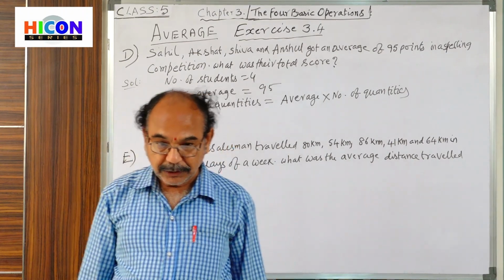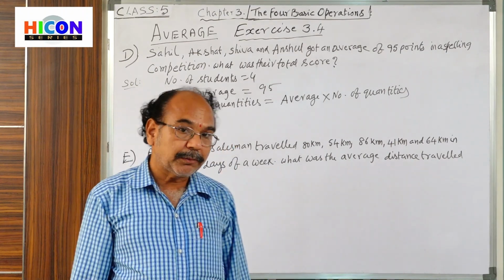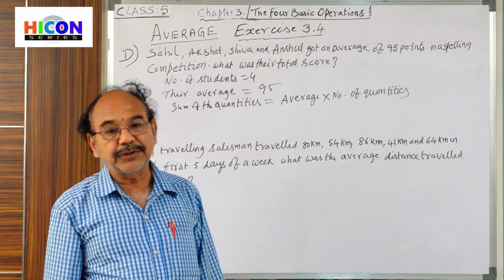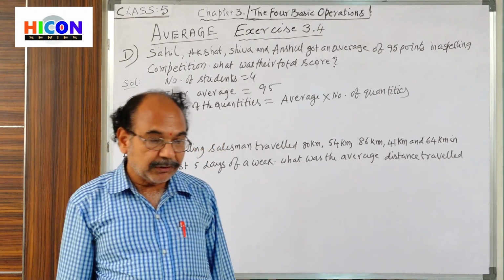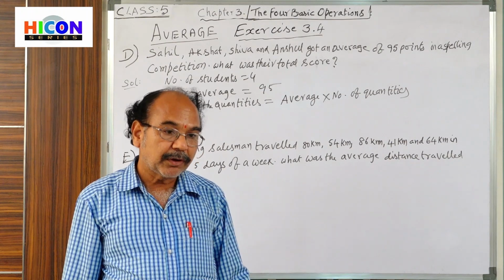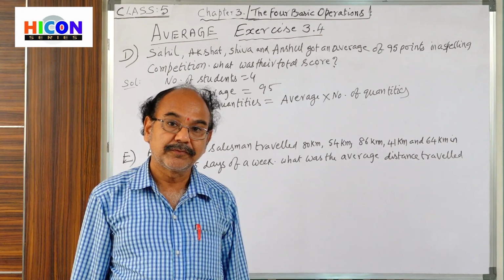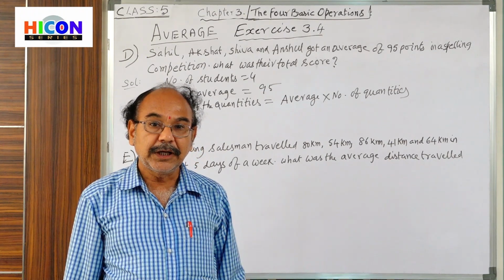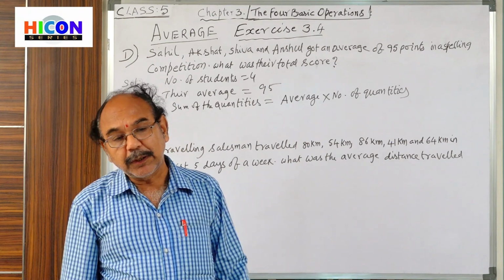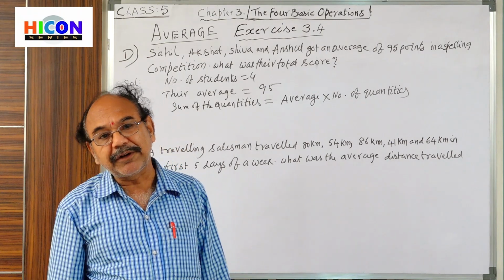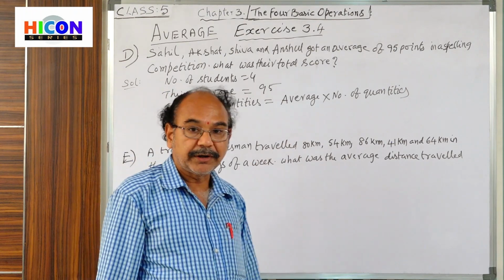Okay, children. Main formula, what is the main formula here? Average is equal to sum of the quantities by number of quantities. He asked the sum here. Sum of the quantities is equal to average into number of quantities.